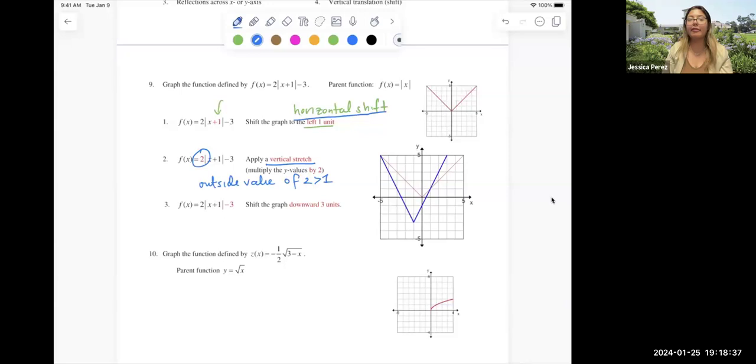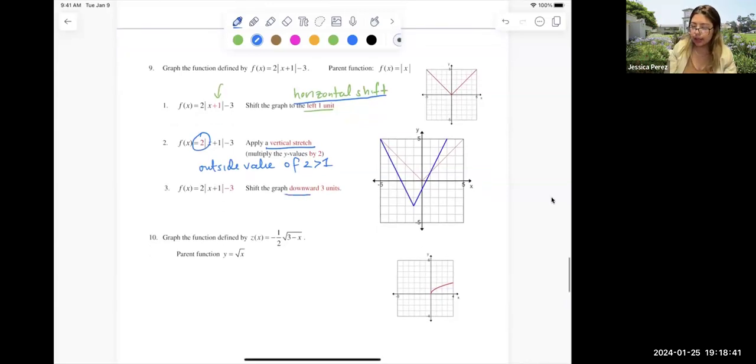We know it's going to be a vertical stretch, so we're going to be stretching it out. And then lastly, the vertical shift up or down. So the -3 says you're going to go down 3 units. So just being able to detect what's going on with the function itself.